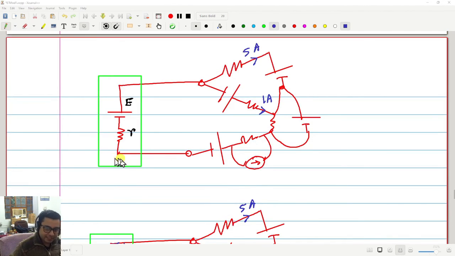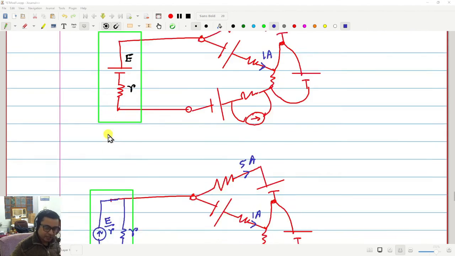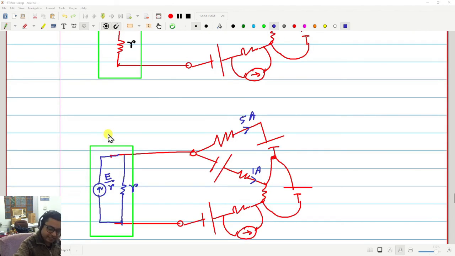So what I was saying is that suppose I have a bigger circuit and one component of that bigger circuit is this battery. Now in that same big circuit, if I replace that battery with this current source such that the current value is E by R and the resistance is same as this resistance, then in the remaining part of the bigger circuit, everything will remain same. Nothing will change.